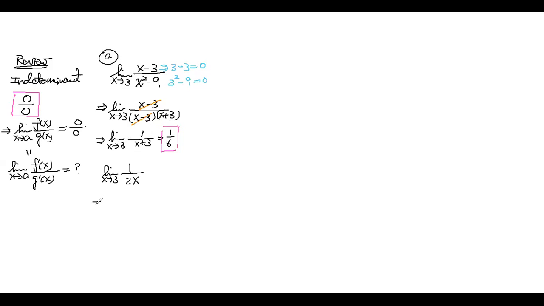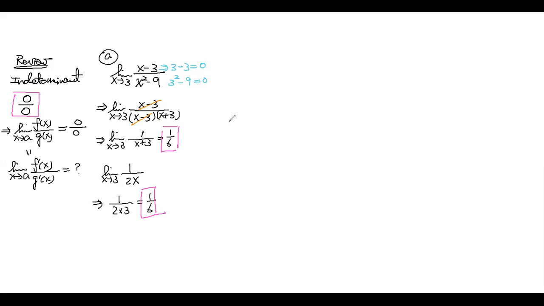Okay, so now you can plug the number in again. So this is 2 times 3. So this is what? It's 1 over 6, right? So you get the same answer. So like I said, you can use the different methods, or you can use L'Hopital's rule. You will get the same answers, right? Whatever you feel is easier.